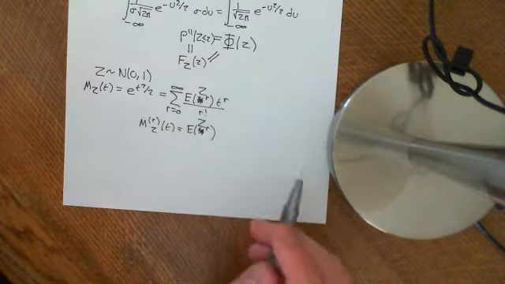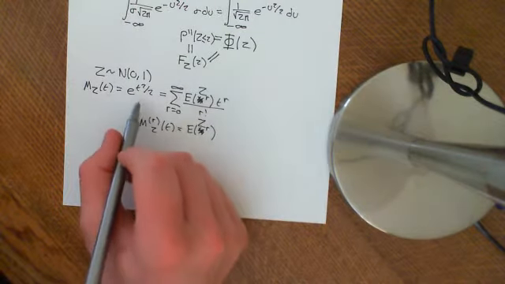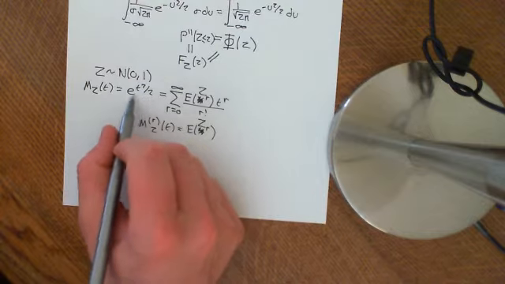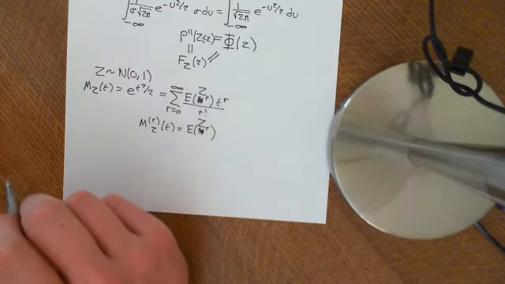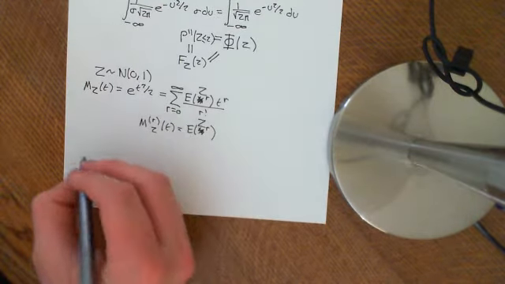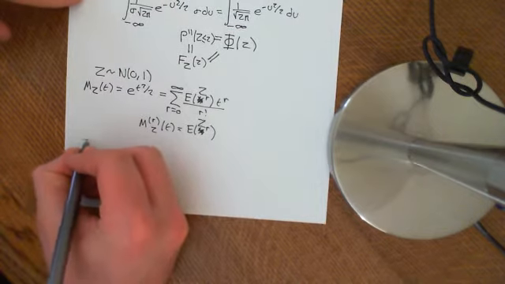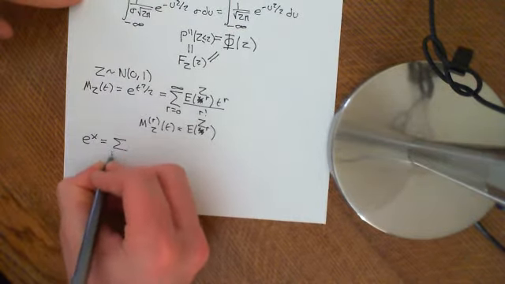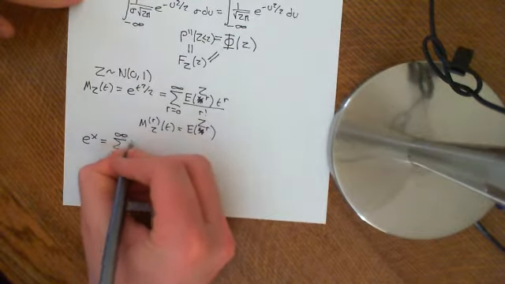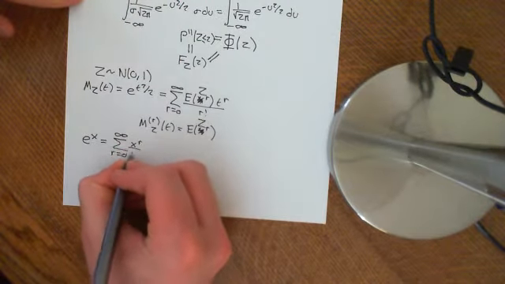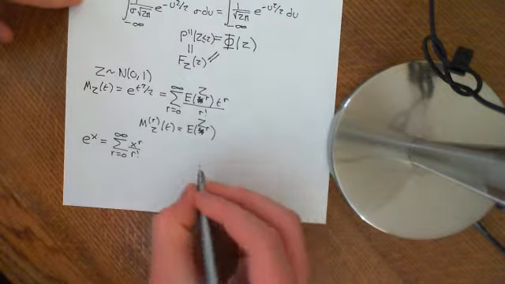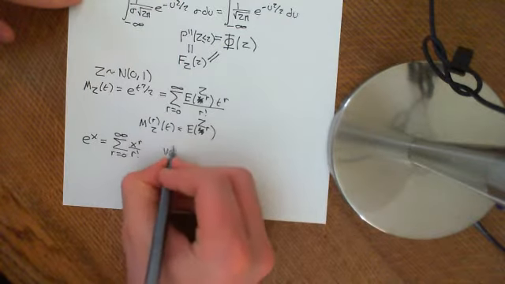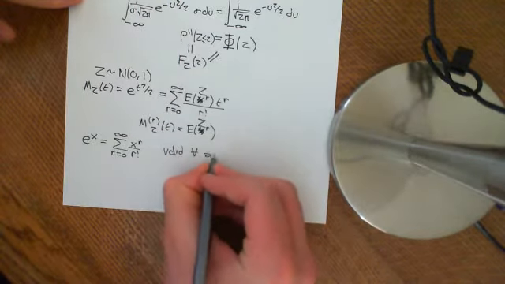If you wish, you could attempt to differentiate this r times. It's going to be messy, but there's a much cleverer way of thinking about this, because if you remember, the Taylor series of e to the x is equal to the sum from r equals 0 to infinity of x to the r over r factorial, and that is valid for all x as an element of the real line.